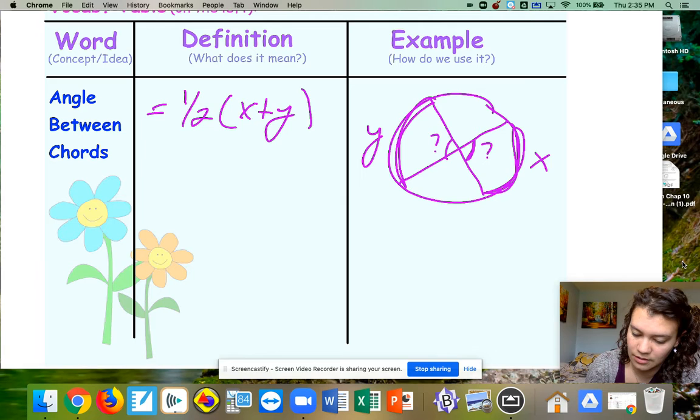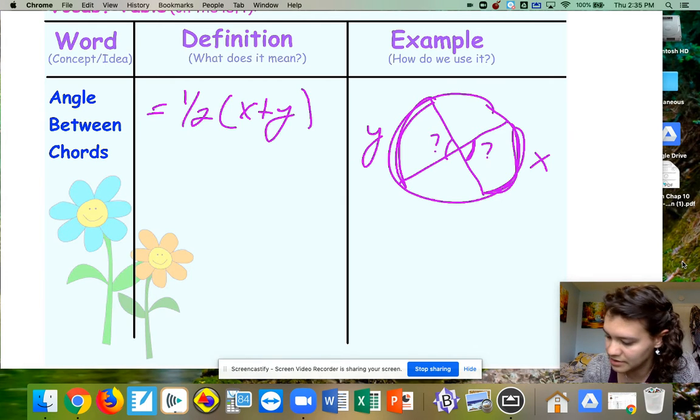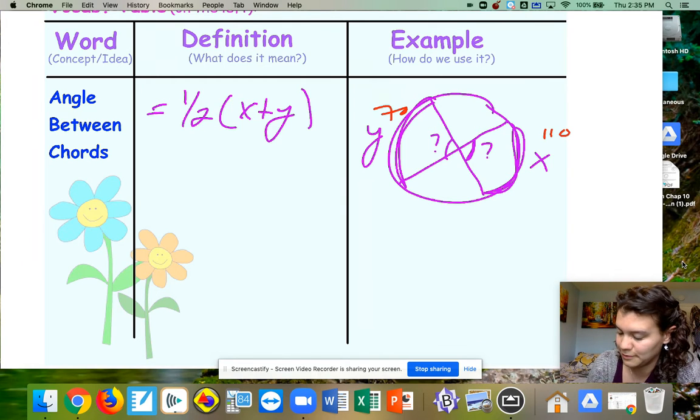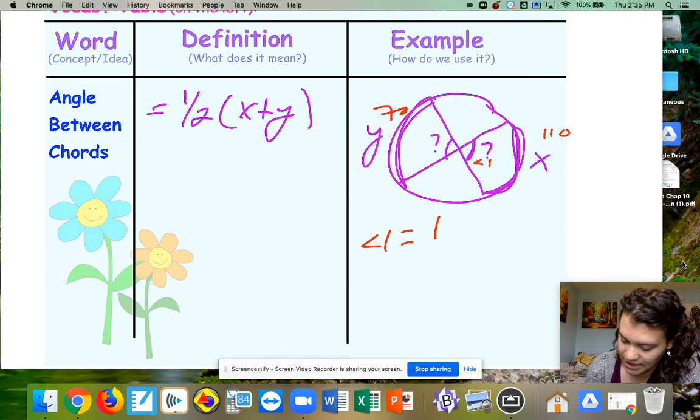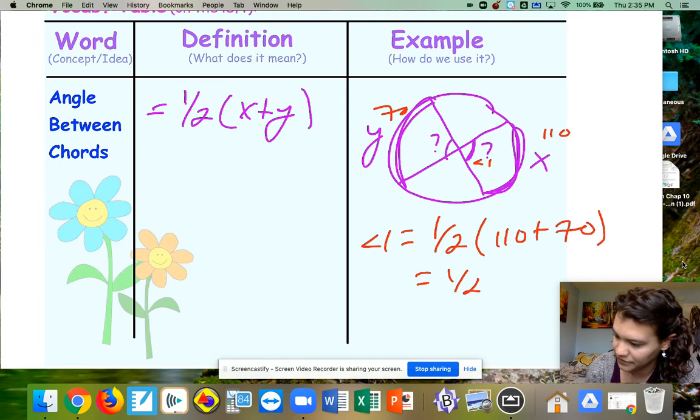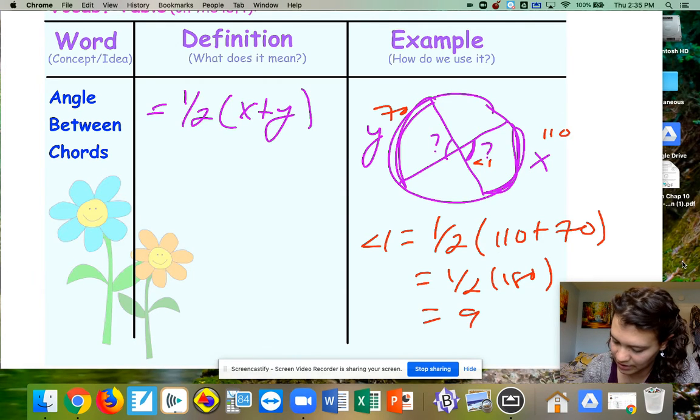Let's give some numbers and say this is 110 and this is 70 over here. So we want to figure out what this angle is. We'll call it angle 1. You want to take 1/2 of 110 plus 70, which is going to be 1/2 of 180, which will be 90.